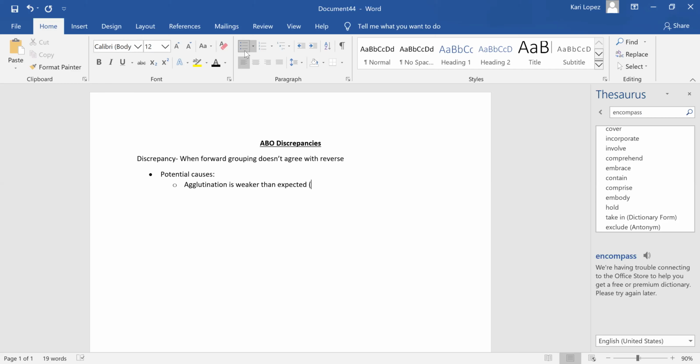So what numbers? 1, 2, 3, or 4? For the reverse or forward? Either, both. Well, this is weaker. So what you should be getting is 3+ or 4+ reactions. So if the agglutination is weaker than expected, then you'd be getting 1+ or 2+ reactions, when really for ABO, you should be getting 3 or 4+.